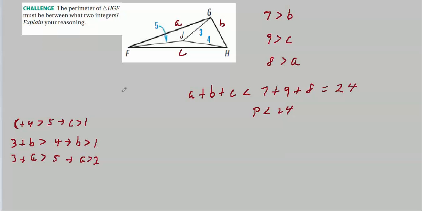Now, we could use our third inequality to get even more limits, but it won't do any good. You can check it out yourself or try it. If I change this from c plus 4 is greater than 5, to c plus 5 is greater than 4, and I subtract 5 from each side, I get that c is greater than minus 1. Well, we already know that because you can't have negative length.